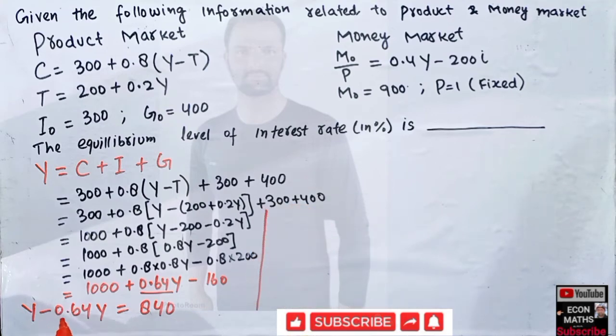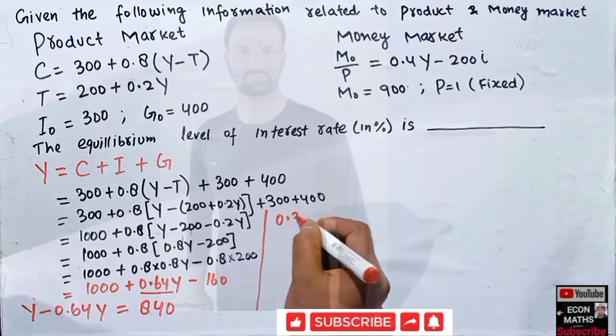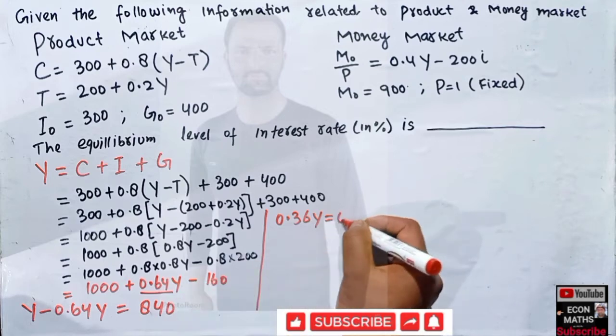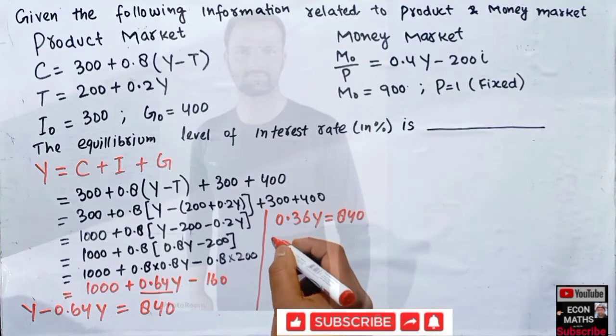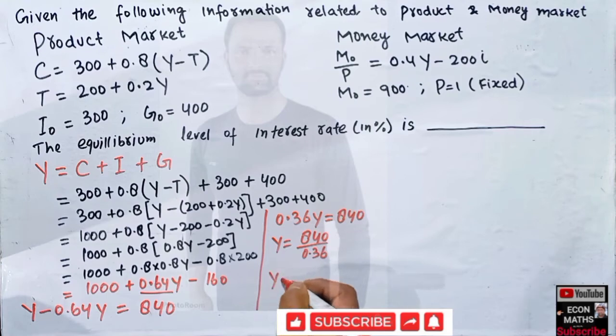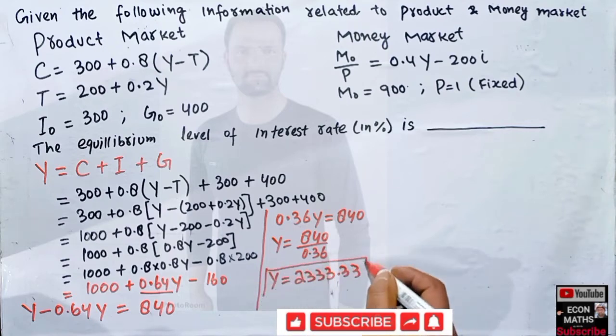If we subtract 0.64y from y, we get 0.36y is equal to 840, or y is equal to 840 upon 0.36, which gives us the equilibrium level of income: 2333.33. This is our equilibrium level of income.